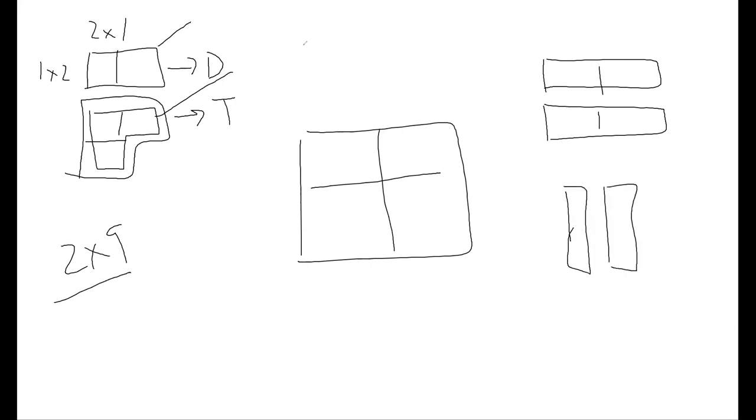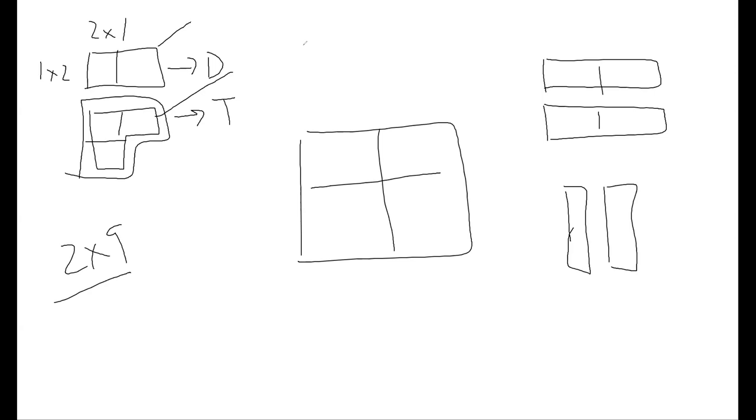Correct? So how do we know this count is 2? Is it based on the number of tiles, or based on the tile layout? I'm sorry, I did not get your question. I think what he's asking is, I'll explain. We are given a 2 by n board, so n is the number of columns, and we only have 2 rows.